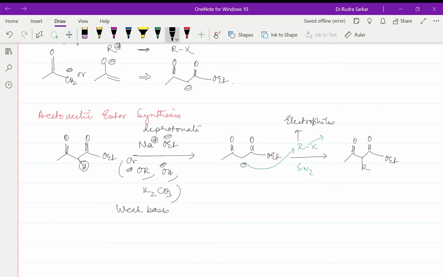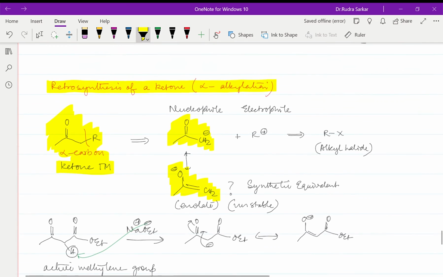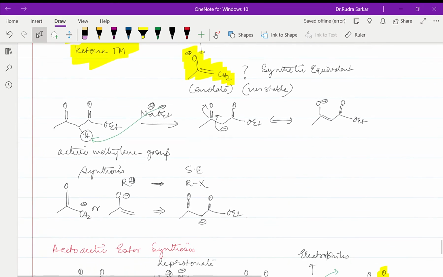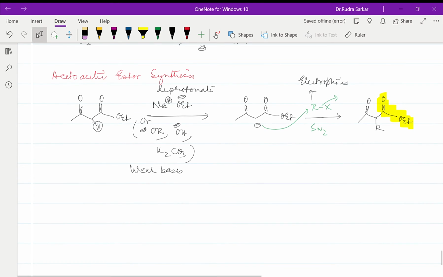So how do we remove this ester group that is here and get our target molecule, which we have mentioned already over here? For that, the first step is to remove the ester via base hydrolysis, that is we will use NaOH, and we will follow it up with acidic workup.